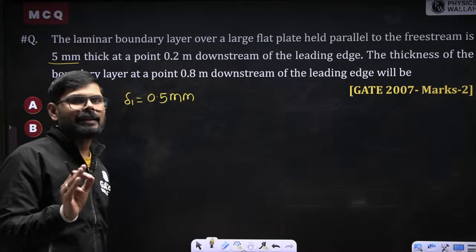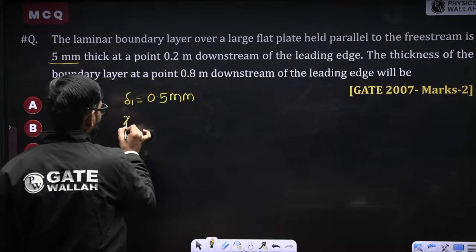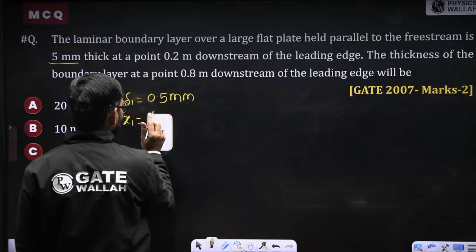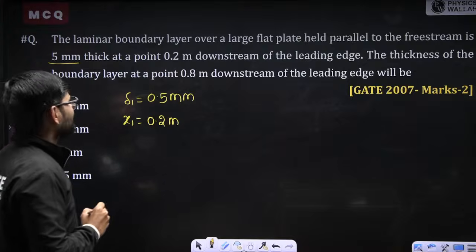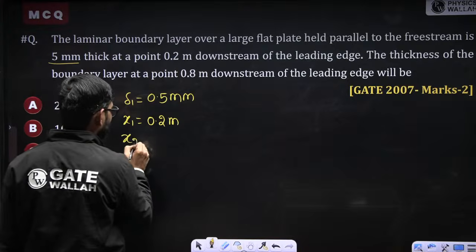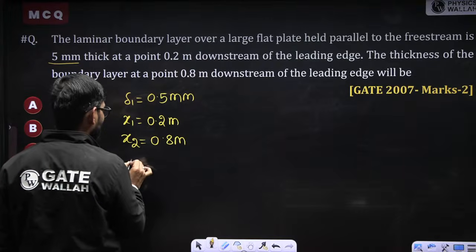From the leading edge we measure the distance x, so x1 is 0.2 meter. Now the thickness of the boundary layer at the point x2, given as 0.8 meter, they will ask delta 2.